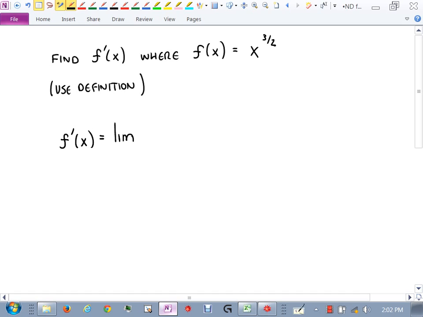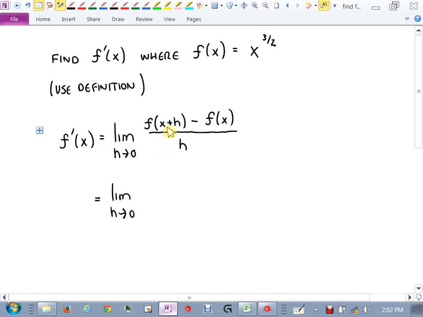Limit h goes to 0 of f of x plus h minus f of x all over h. So that's the same formula you've been using with all the a's replaced with x's. This is limit h goes to 0.